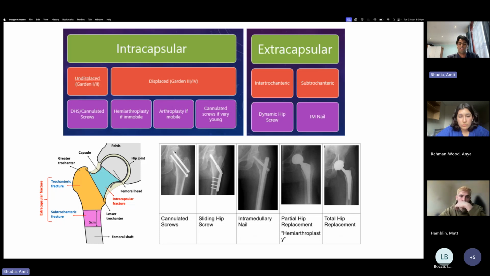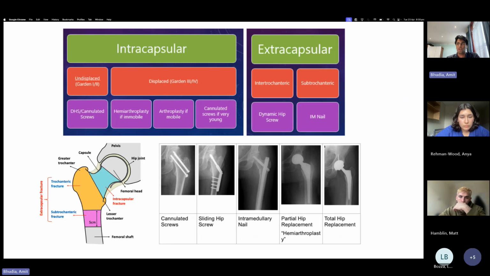Or if it's a displaced fracture, again, depending on the patient's baseline mobility, if they're active and able to get around before, you generally go for a full arthroplasty compared to a hemiarthroplasty, just because it's a bigger operation and it requires a patient to move and actually use their hip afterwards.